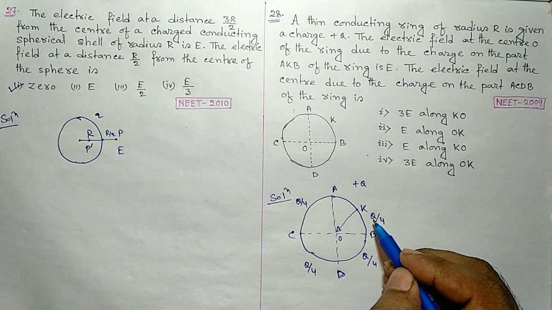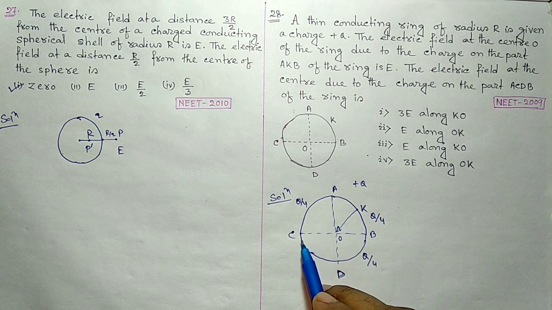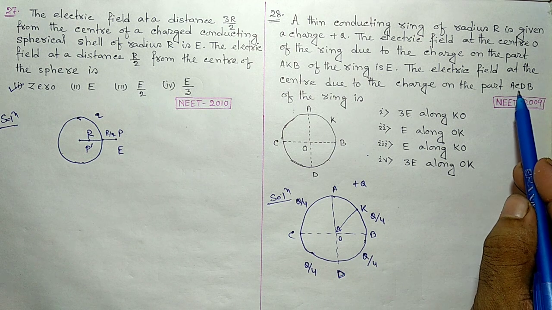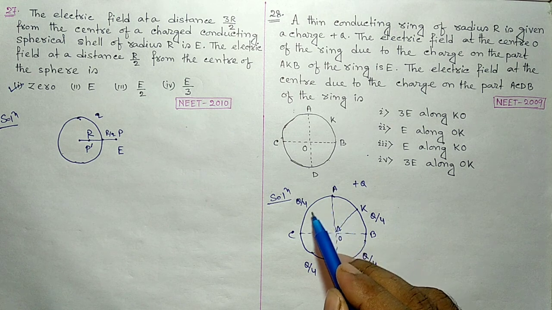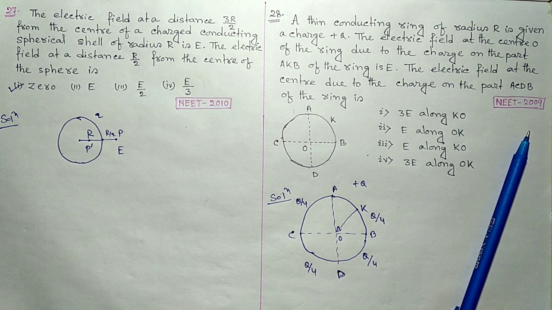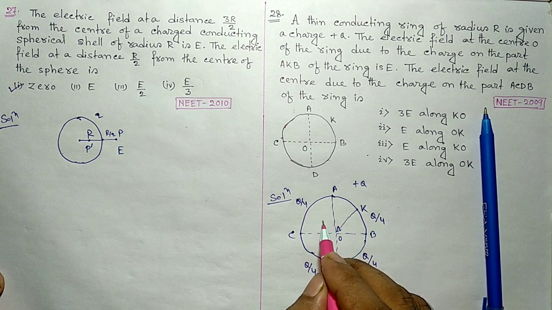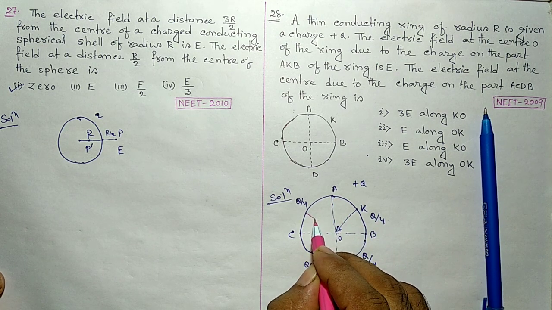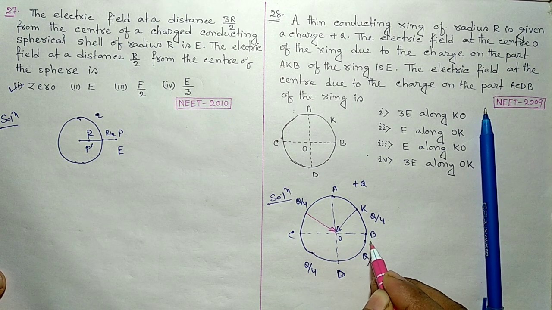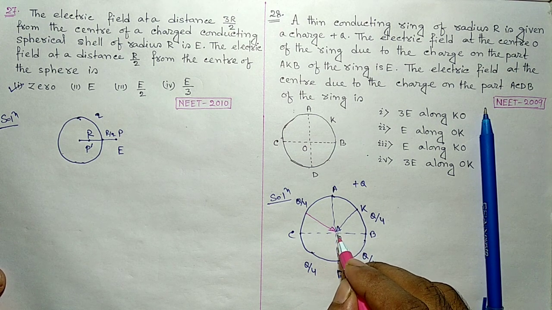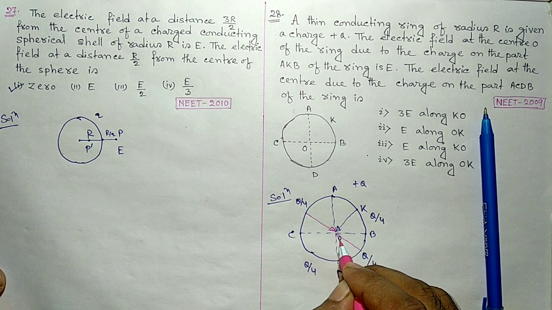Now for ACDB, from here to here. For this part, student, look here. If we consider the AC part, then it will be this direction. For the BD part, it will be this direction.